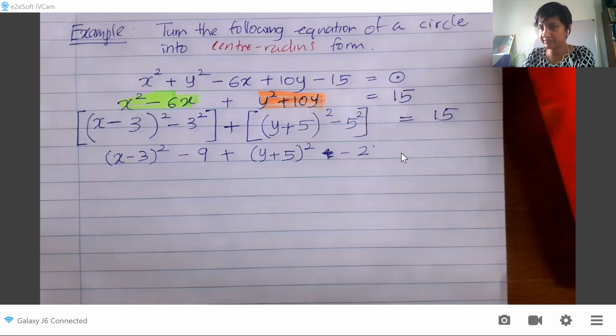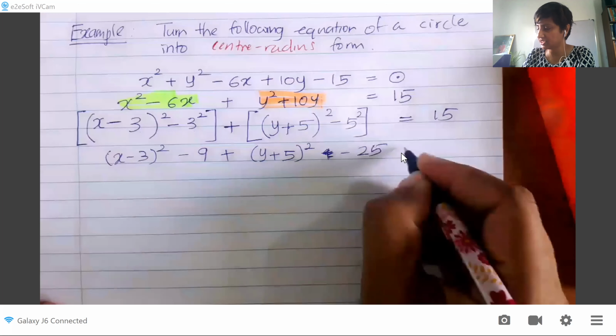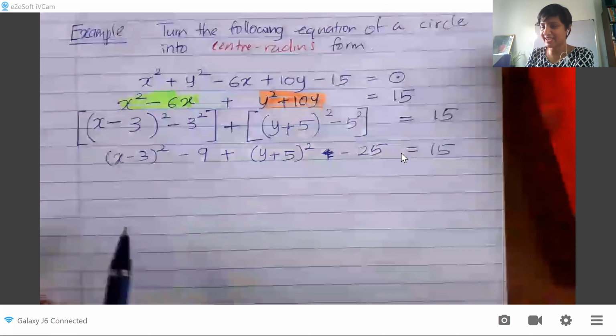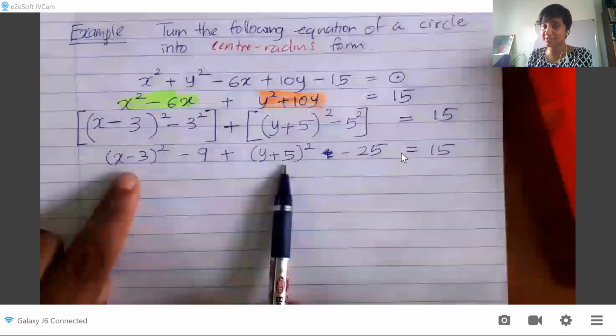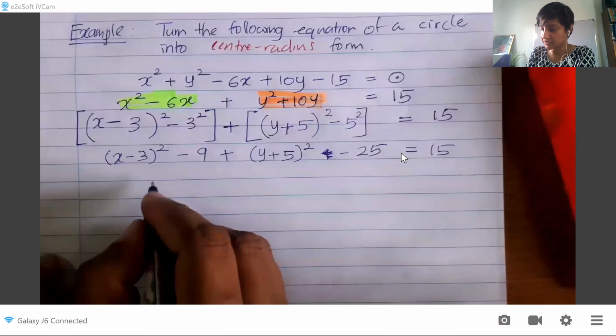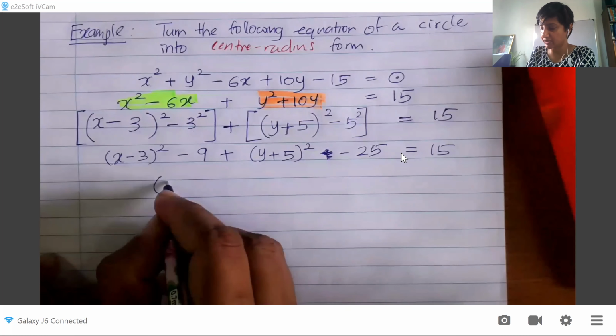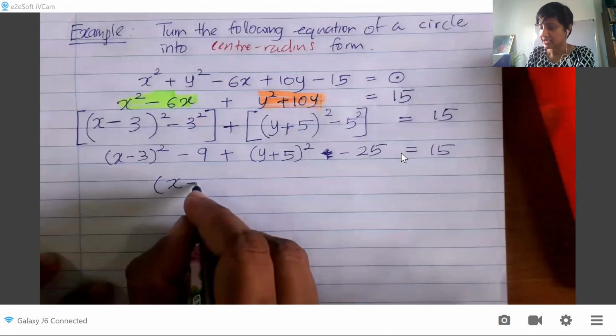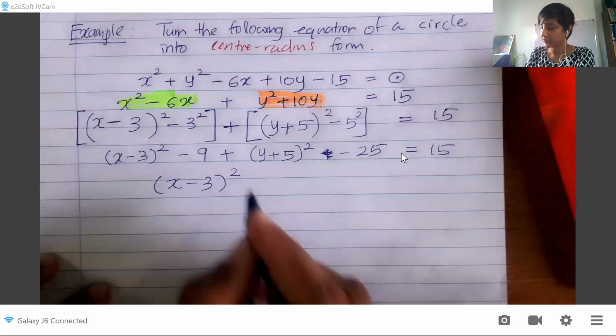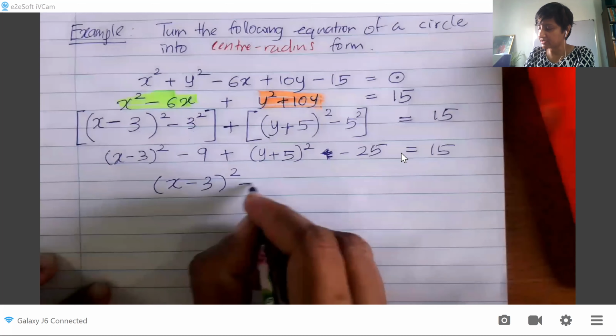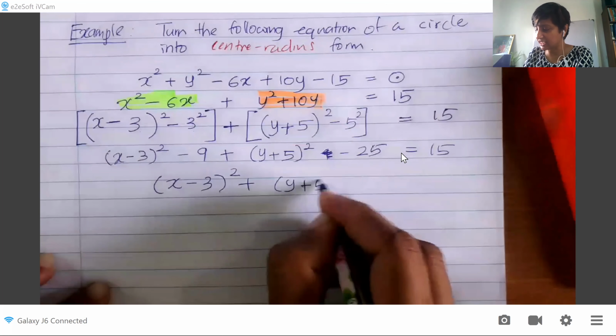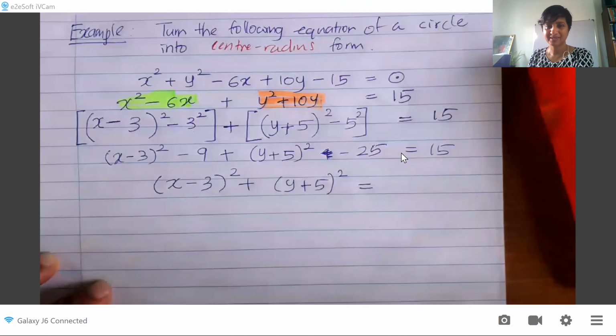Minus 25 is equal to 15. So do you see I have those two nice looking terms, and these two numbers I have to just move to the other side to get to the center radius form. So here is my form finally looking like this: x minus 3 squared plus y plus 5 squared is equal to, what do I get? 15 plus 9 plus 25.